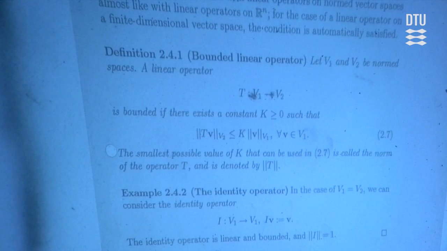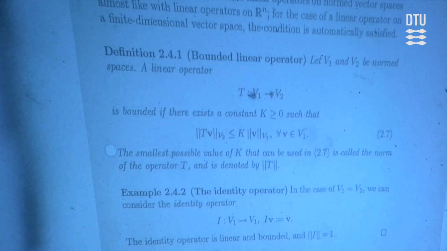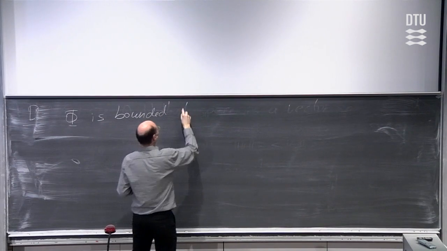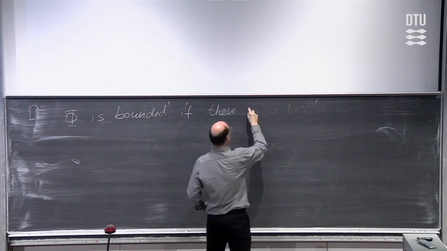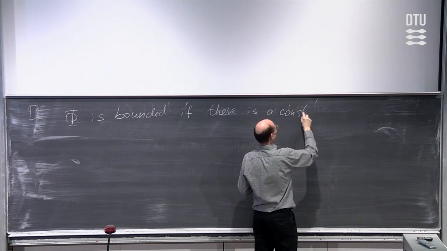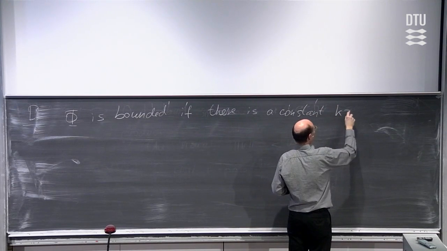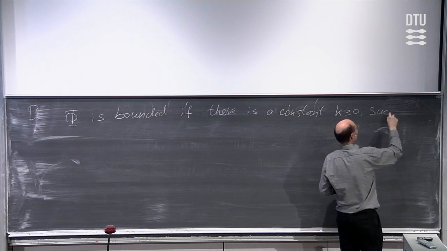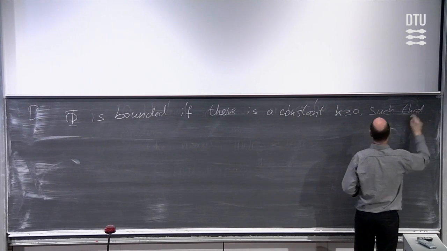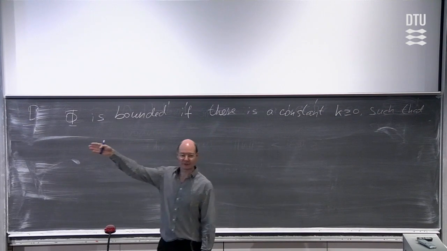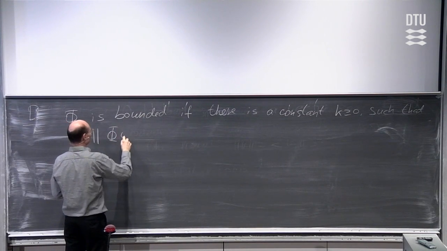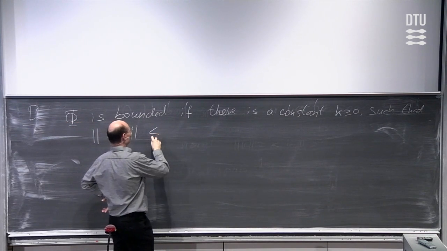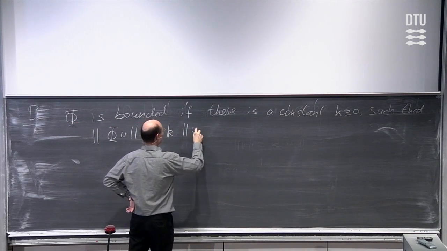So this means that the phi we are looking at is bounded if there is a constant K greater than or equal to 0, such that, if you just look at this definition, then what it says is that the norm of phi of v should be smaller than or equal to K times the norm of v.